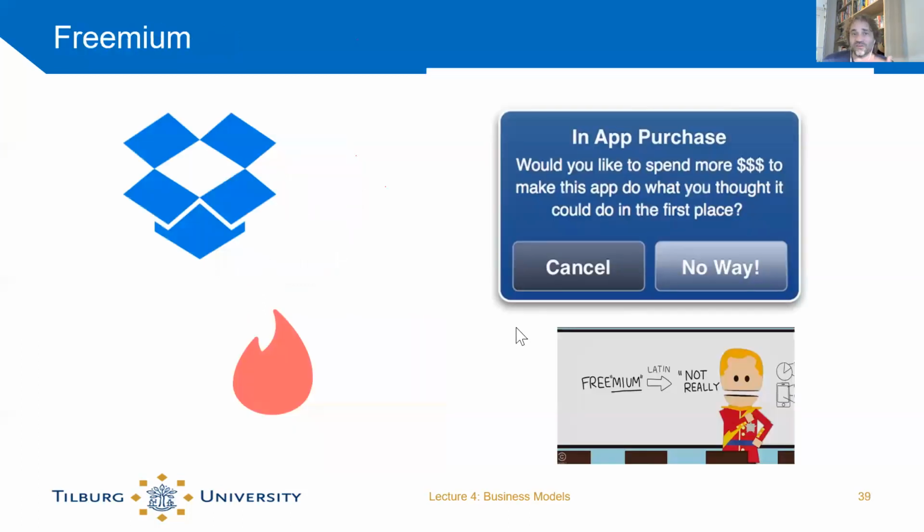Another revenue model, really related to virtual goods, is freemium. You see nowadays that you can start using something for free, and then if you want to continue using it, too bad, you have to pay. Tinder is free, but if you want to have more success with Tinder, then you should definitely pay for Tinder. Dropbox is free, but if you want to store more documents in Dropbox, then you need to pay.